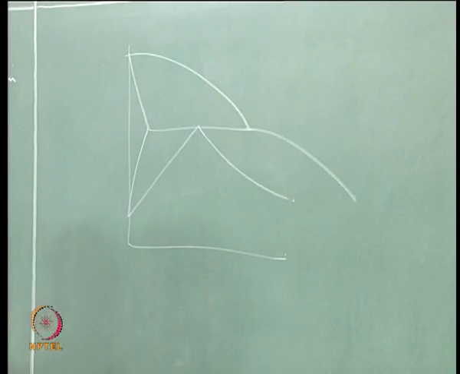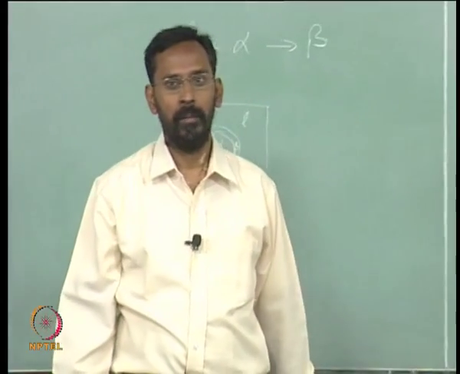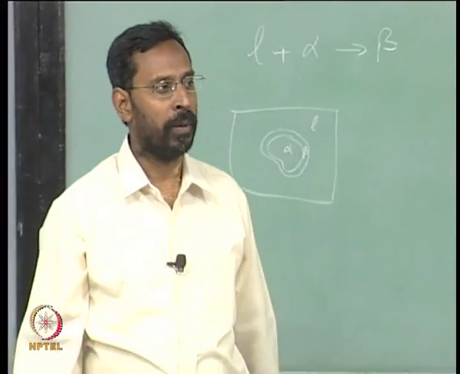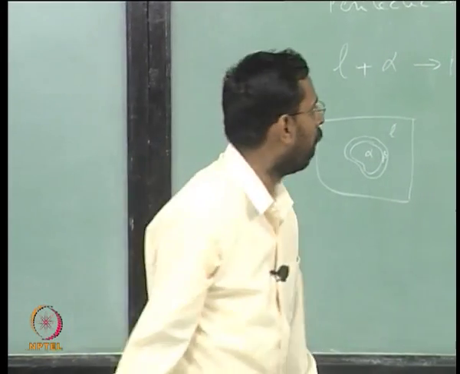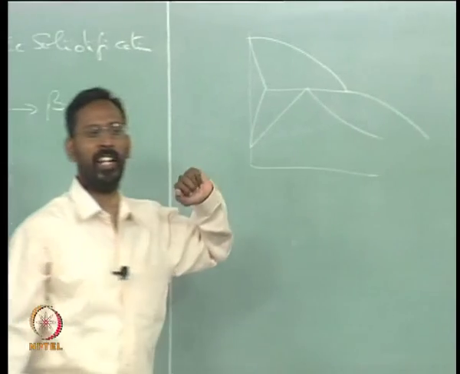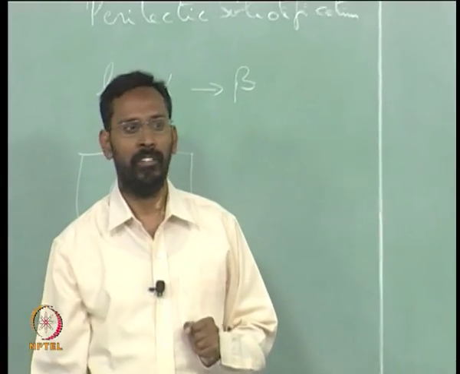This is a typical peritectic. Many of you should know this because it is a part of the iron carbon diagram, which all of you are aware of. So, let us use exactly the iron carbon itself for understanding.